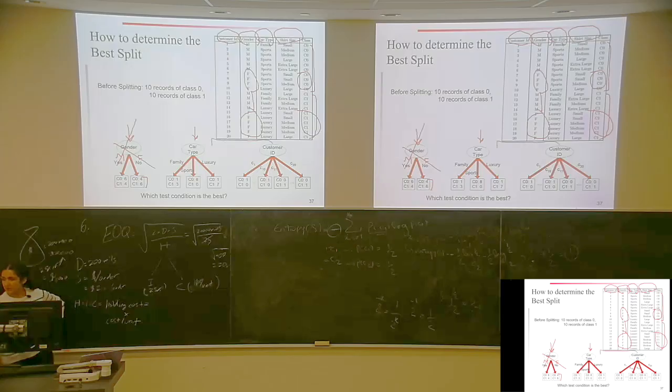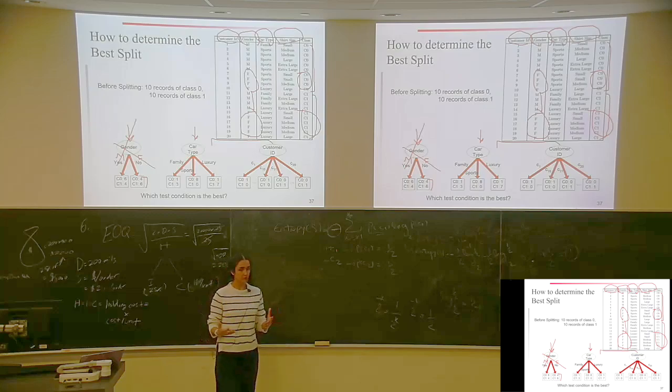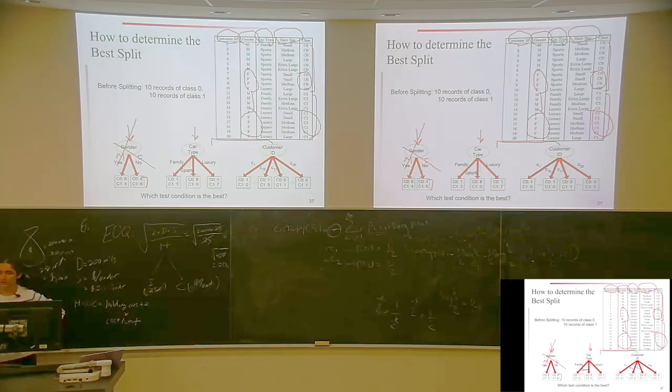Now between car type and customer ID, only if you consider entropy, which one results in the purest results? Which one is better? Customer ID, obviously, giving you the purest branches, because it literally creates one branch for every distinct value of customer ID.